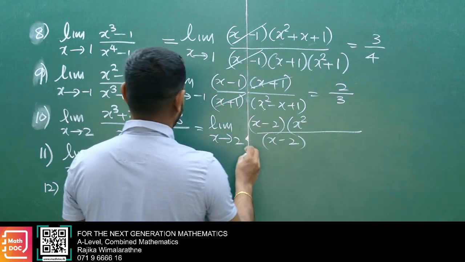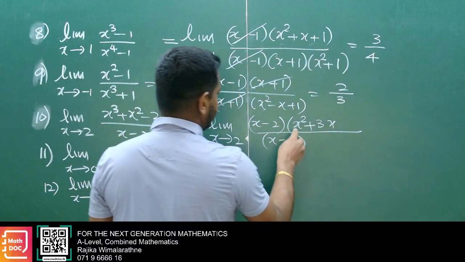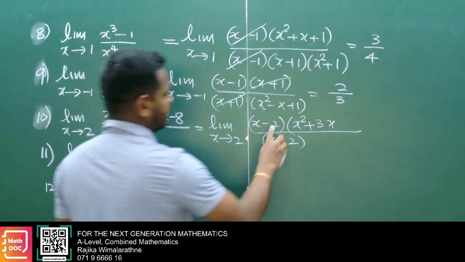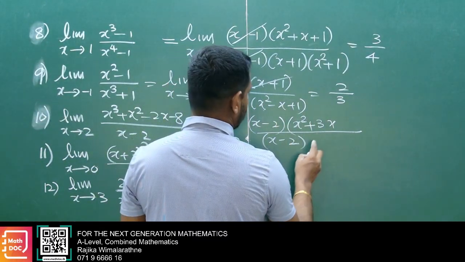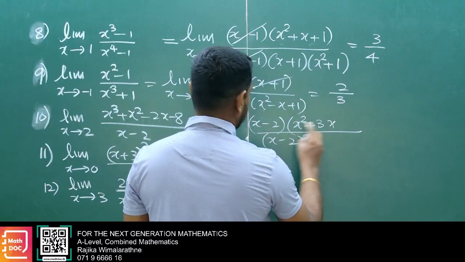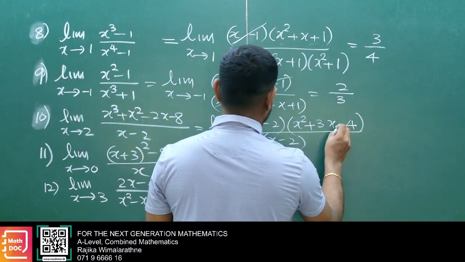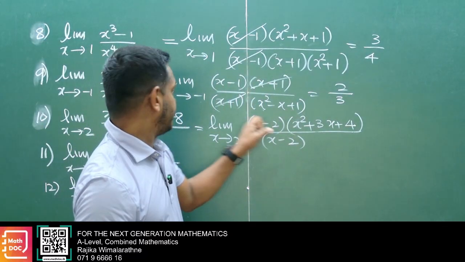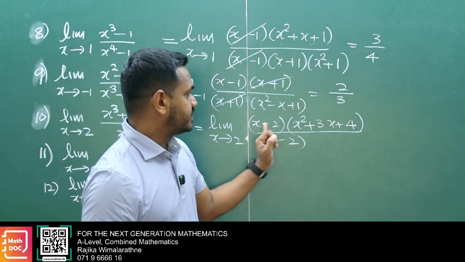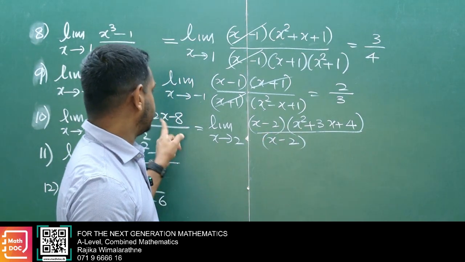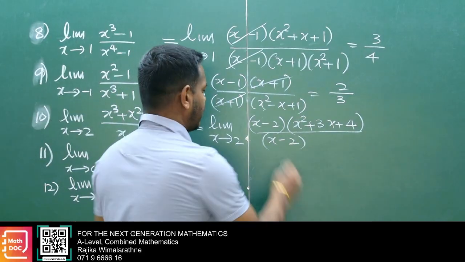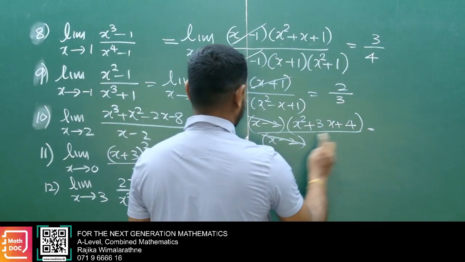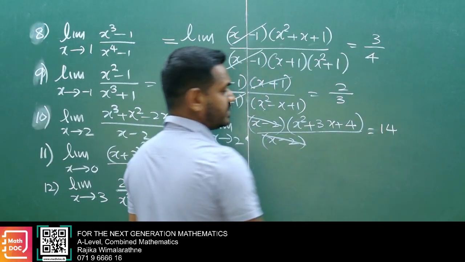X cube, 2x square, 3x square plus x square minus 6x, 4x minus 2x, 8. Then cancel common factor, substitute 2. Here 4, 6, 10, 14. Answer 14.